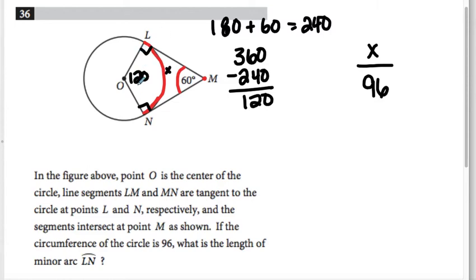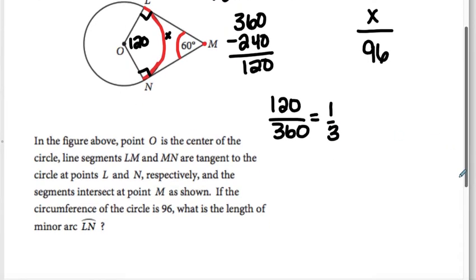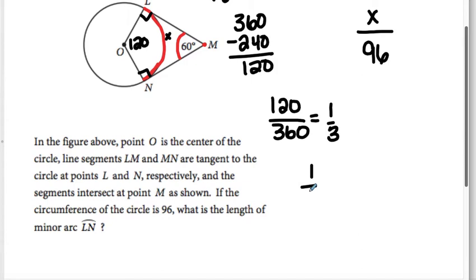So what ratio is that of the whole circle? Well, that's 120 of 360, which is a third. So that's the proportional relationship to the arc length. 1/3, part to whole, is equal to part to whole, the arc length over the whole circumference. A couple ways you could handle this.